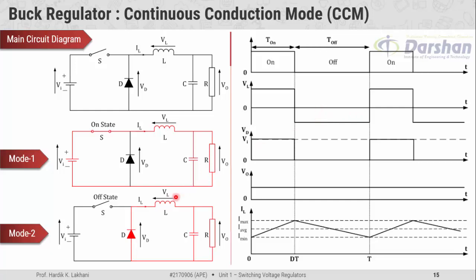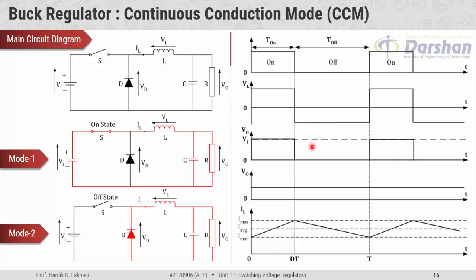The reason is the inductor comes in parallel with the load and the voltage across the load is VO. In the second interval the polarity across the inductor is reversed, so the voltage across the inductor is equal to minus VO.